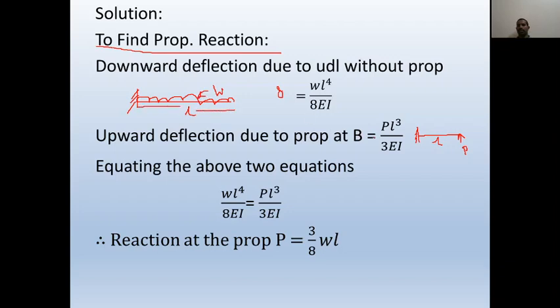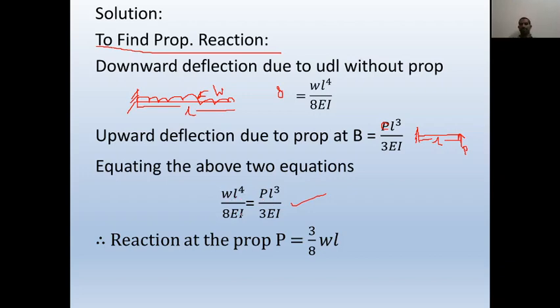When a point load is applied on the cantilever beam, the maximum deflection due to the point load is WL cubed by 3EI; in our case W is replaced by P, that is the only change. Now, as we know, the additional equation can be calculated by equating deflections only. So we are equating both of these deflections.